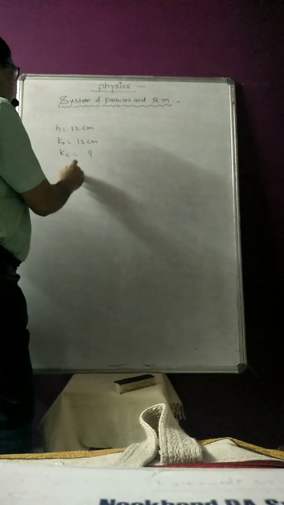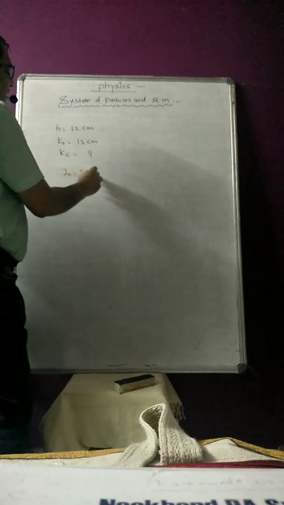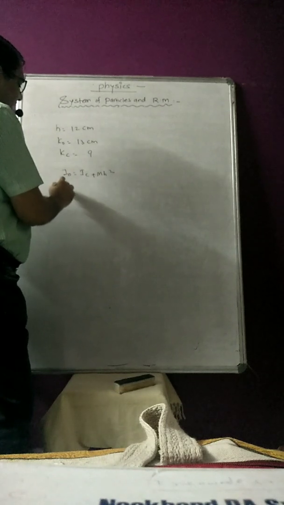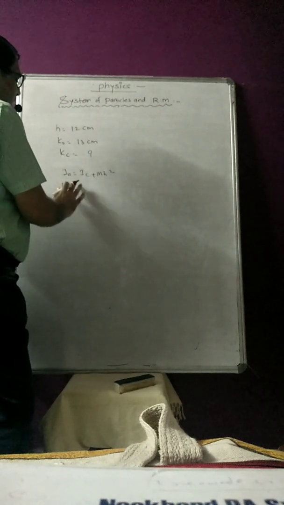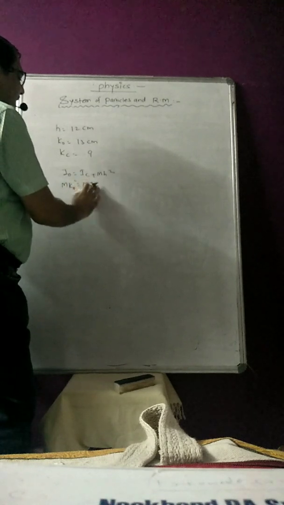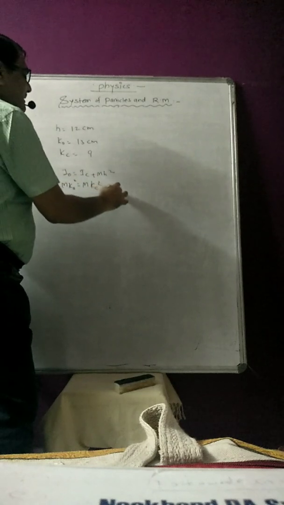So what formula do you have? You have calculated the formula IO is equal to IC plus MH square, and from that, m into KO square is equal to m into KC square plus MH square.